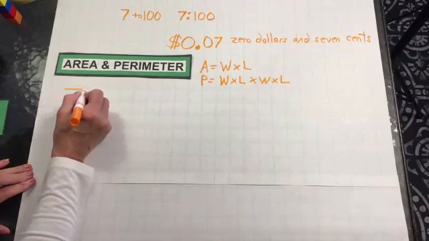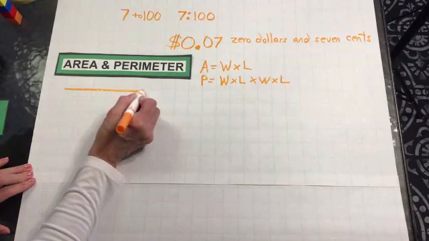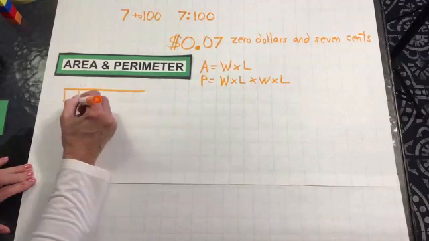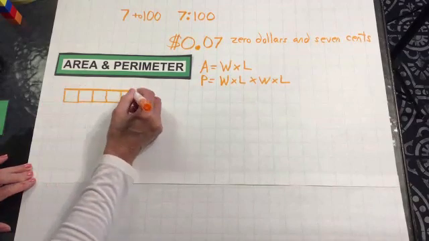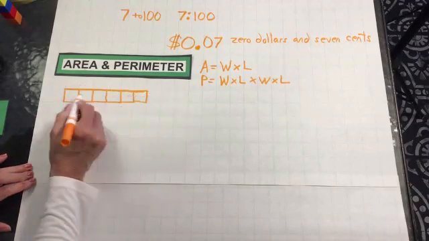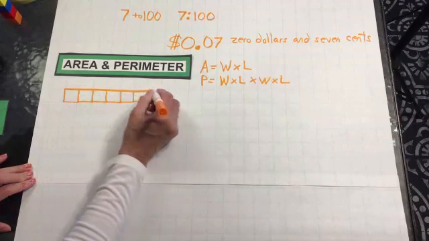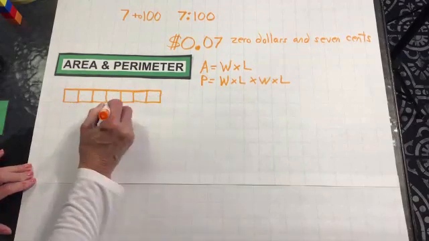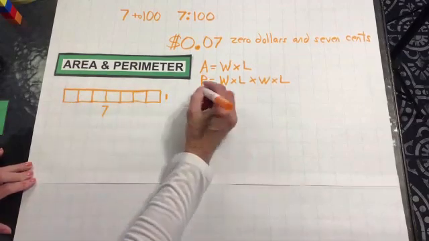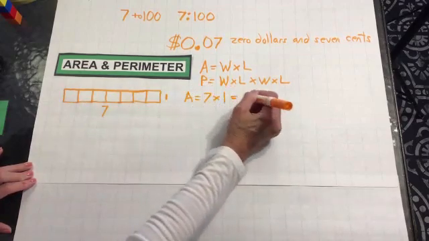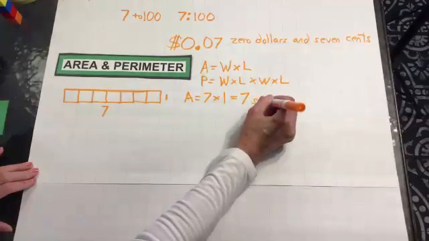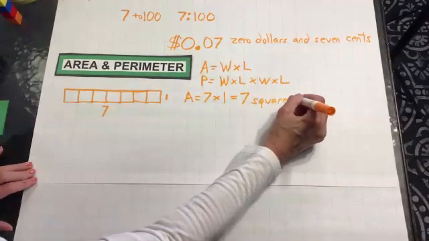So let's draw our 7 across, our 7 squares in a horizontal position. So take your time. So it's 7 across and 1 high. So that would be our area equals 7 times 1, which equals 7 square units.